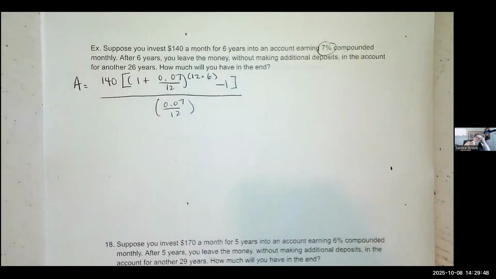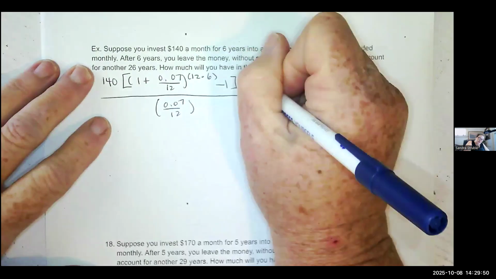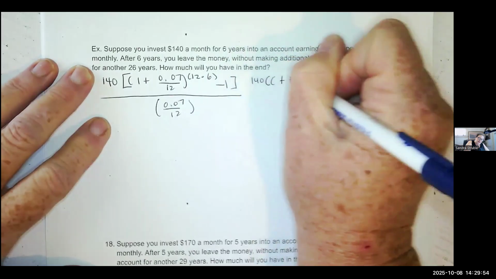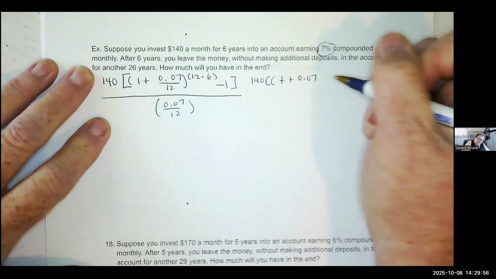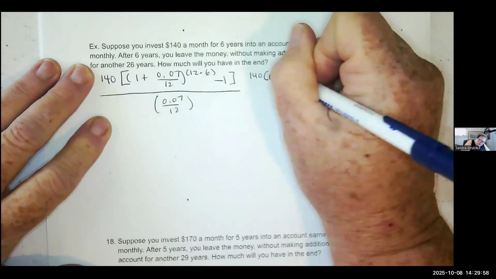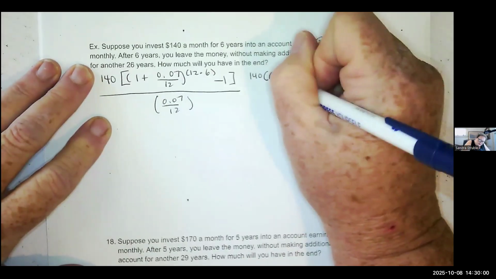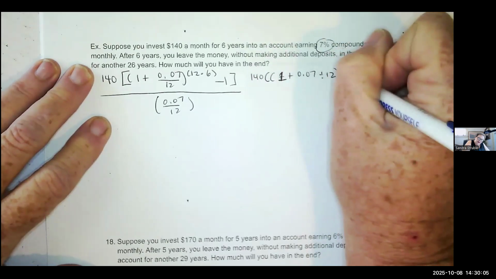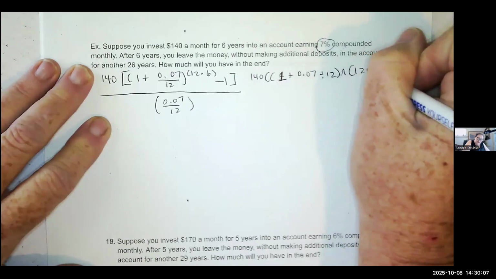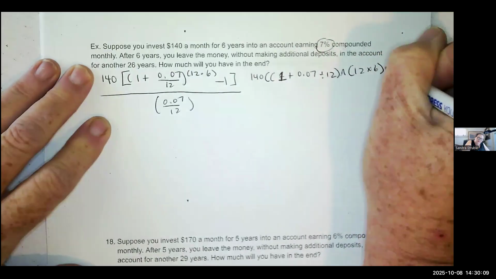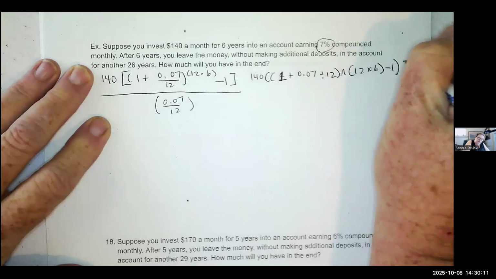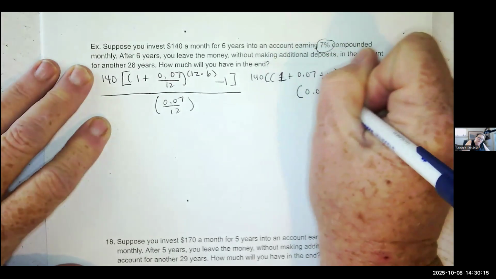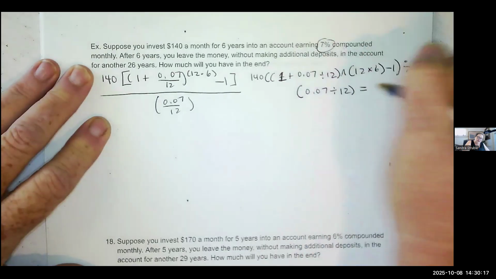Okay. Putting this in your calculator, it would be 140, open, 1 plus 0.07 divided by 12, close, caret, open, 12 times 6, close, minus 1, close, divided by, open, 0.07 divided by 12, close, and equals.